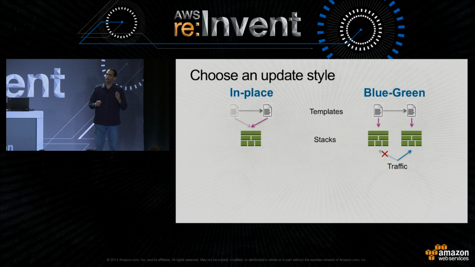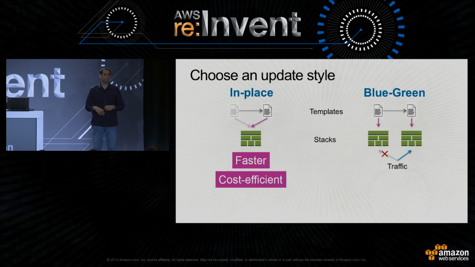There are merits of both of these methods, and you should choose whichever fits your style the best. The in-place update is faster, obviously because incrementally updating a stack is going to be typically faster than creating a whole new stack from scratch. It's cost efficient because you're not creating a duplicate.